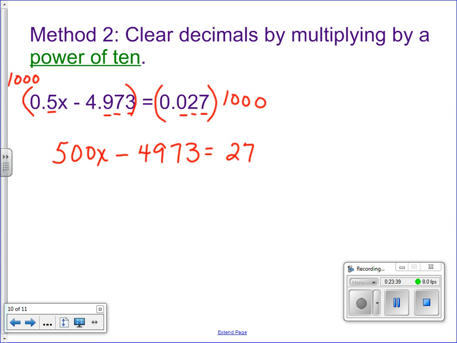All right, now we're going to undo the operations. But notice we're dealing with nice round integers at this point. Okay, and I'm going to rewrite my 27 so that it lines up a little better.